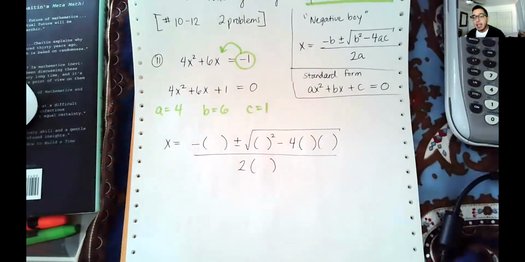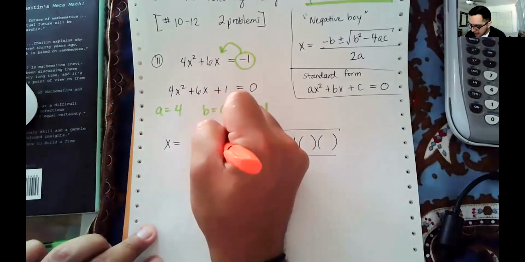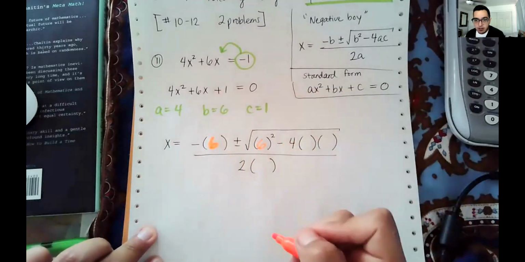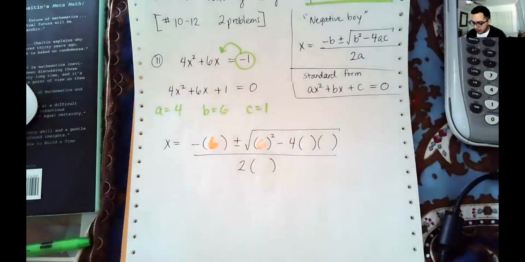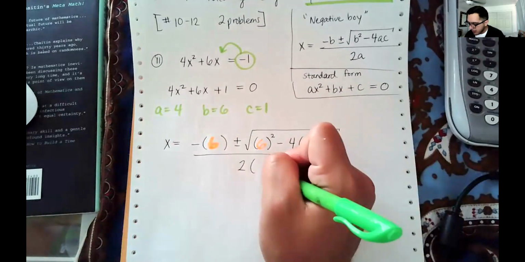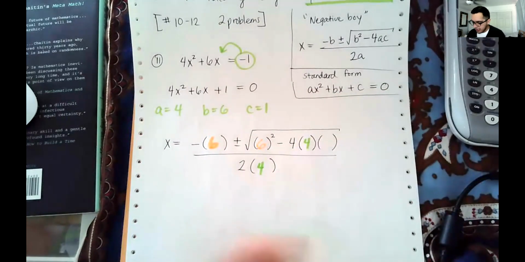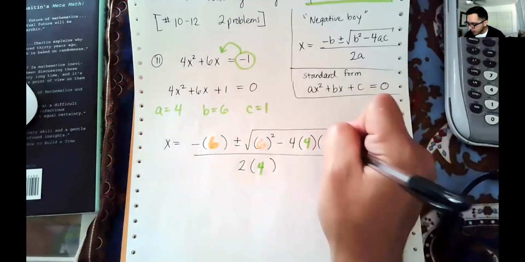Okay, and then I'll go ahead and plug whatever those somethings are. Okay, so b is 6, so I'll put 6 here and 6 here. I wish I had 3 colors here, but I don't. A goes here and here, so that's 4 here and 4 there. And then C is just 1.